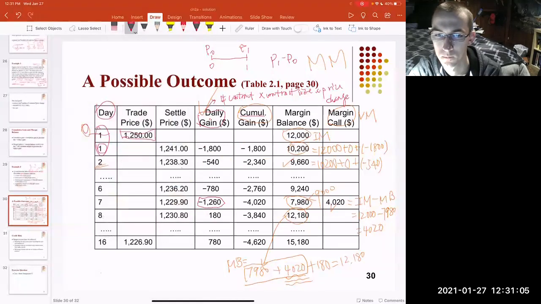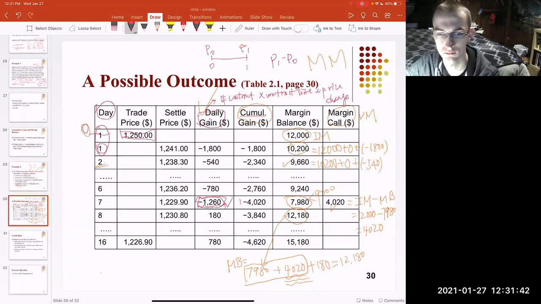My handwriting is day 7, daily gain, negative 1,260. Can anybody tell me how to get this number? You would have lost $6.30 from the previous day's settle price. Mm-hmm. So negative $6.30 times 200 ounces of gold in contracts would be negative 1,260. Very good.